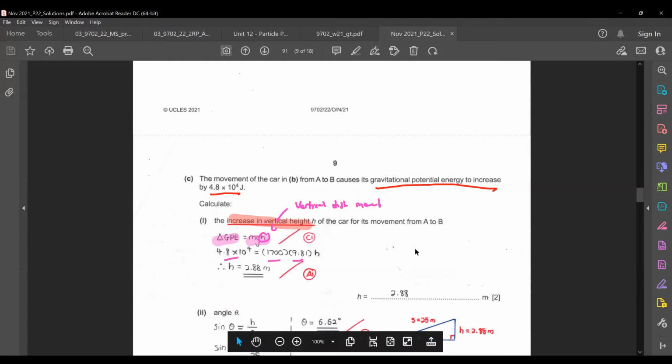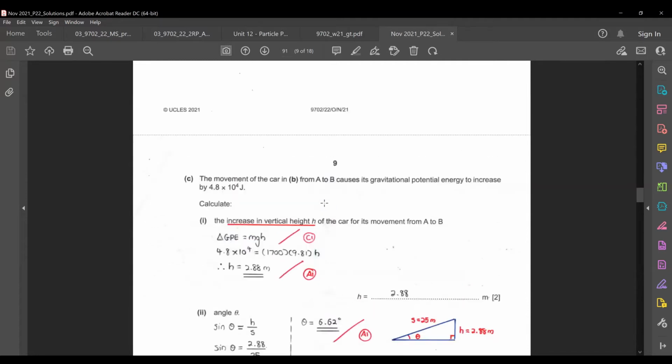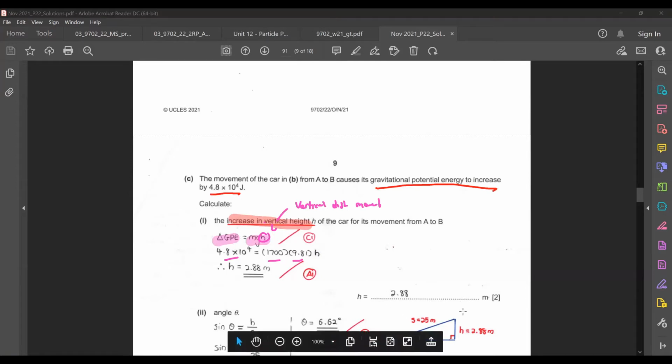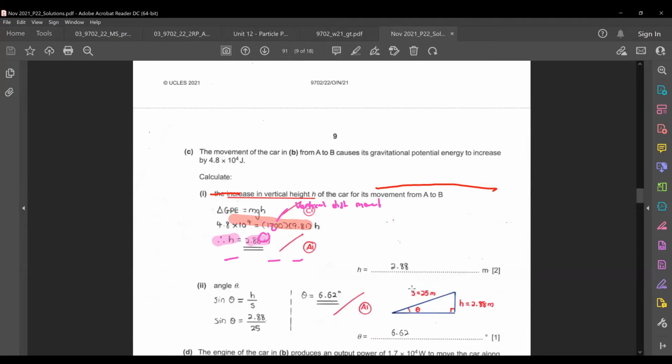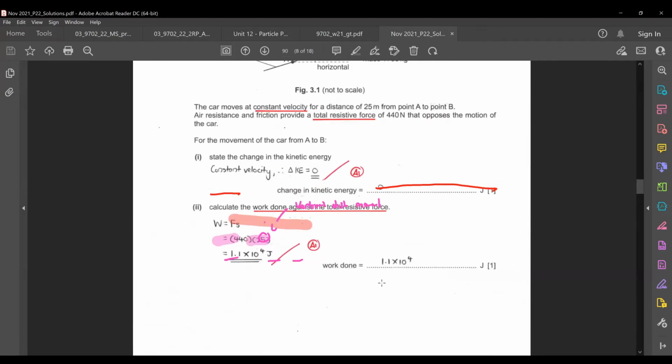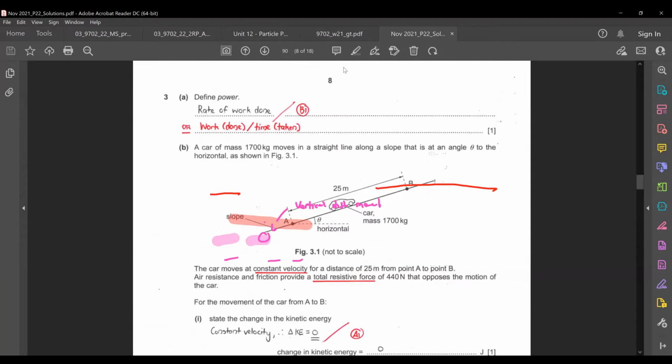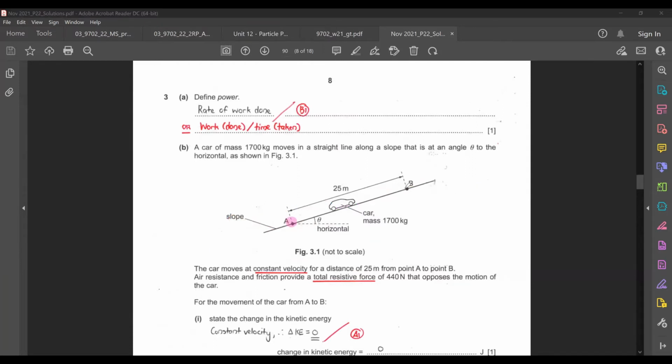Then the next thing I want you to find is the angle theta. Angle theta here, you need to use a triangle. If I draw for you a simplified diagram for the car when you move from A to B, you can imagine that there's a triangle like this.